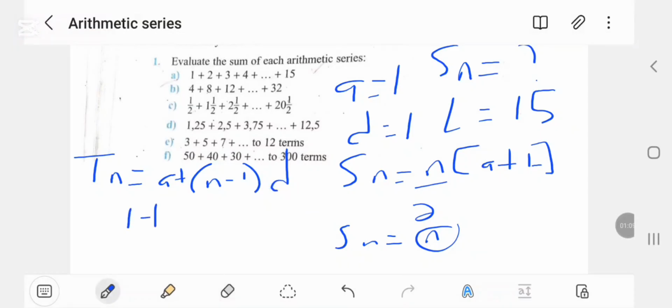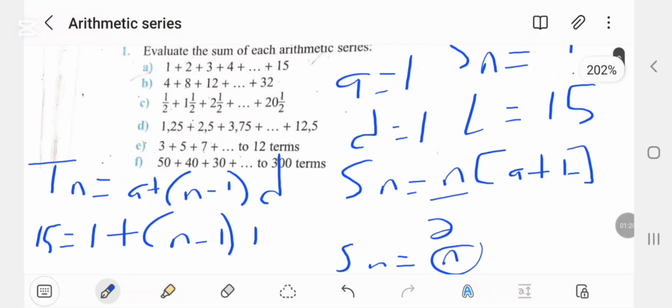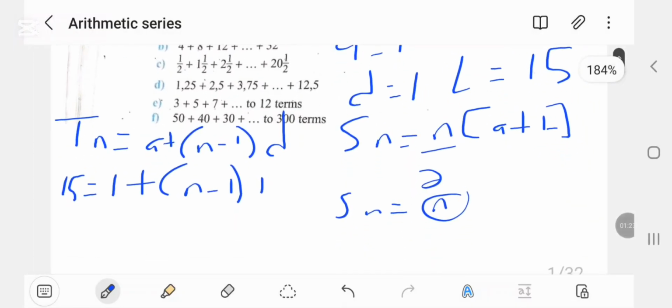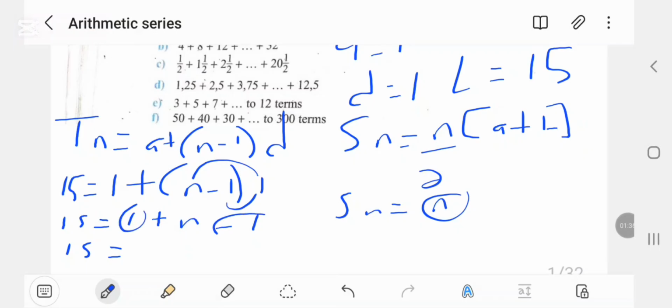A is 1, d is 1. Our Tn will be the last term, which is 15. Then 15 is equal to 1 plus n minus 1. This 1 minus this 1 is 0, so n is 15.